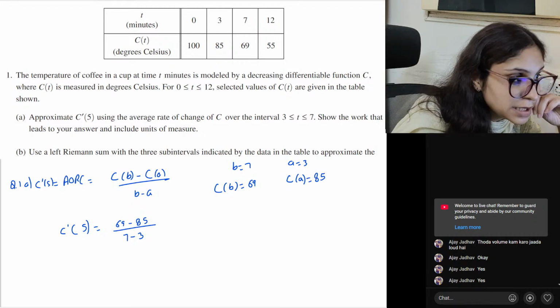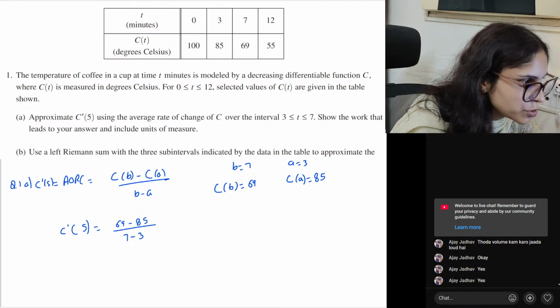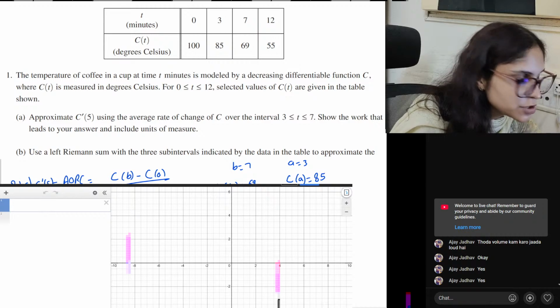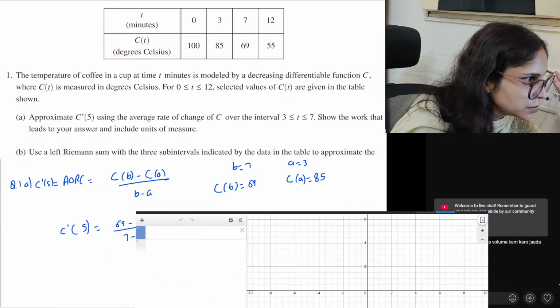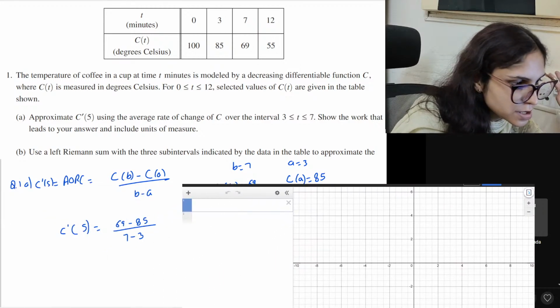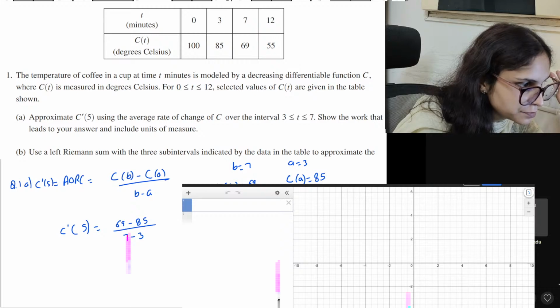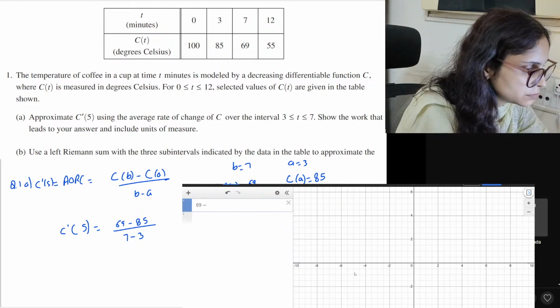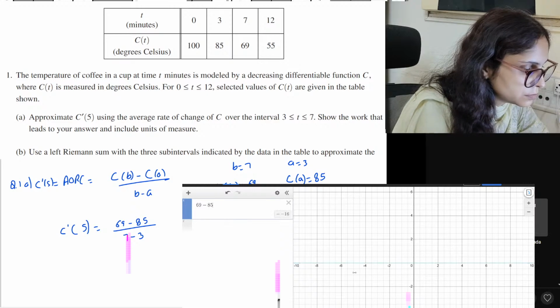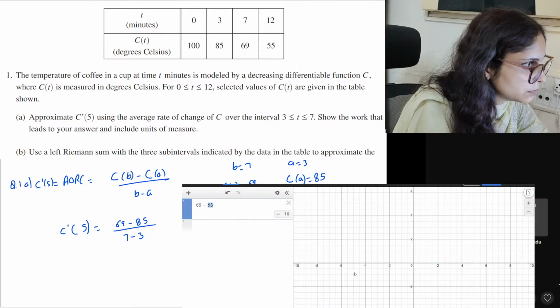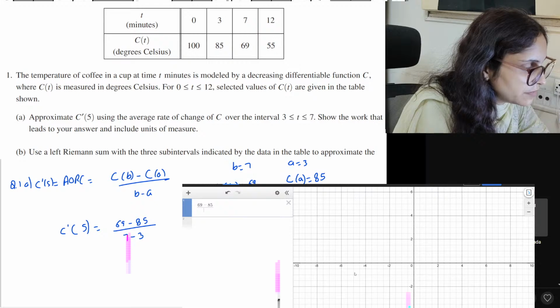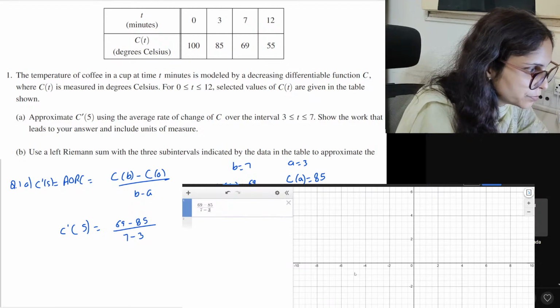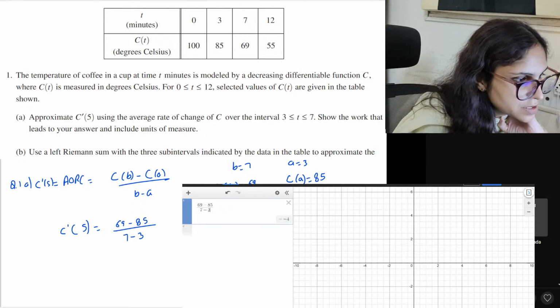Because a calculator is allowed, I will just go to Desmos and do this calculation. All we have to do is 69 minus 85, divided by 7 minus 3, which is 4. So you can see the derivative is negative 4.